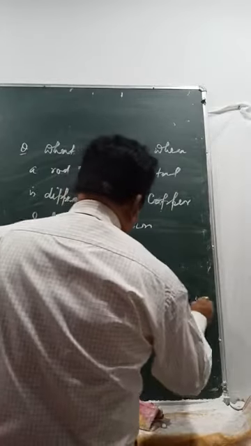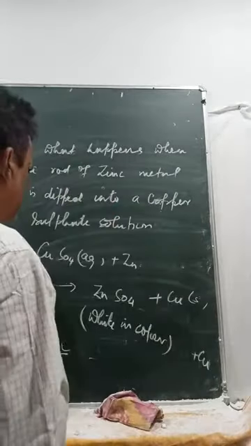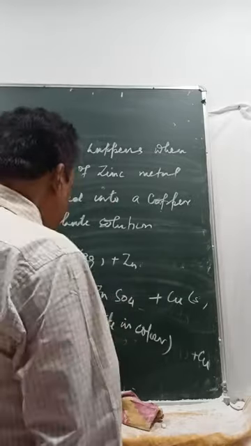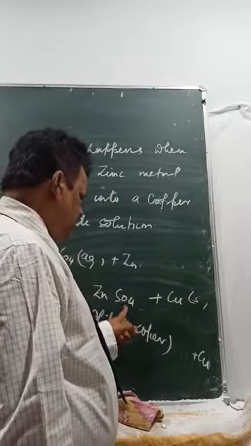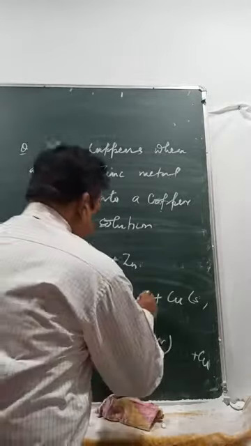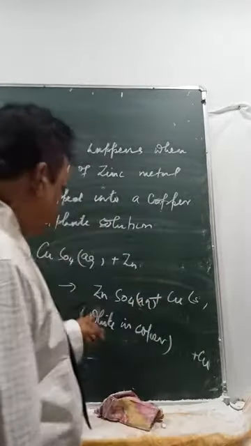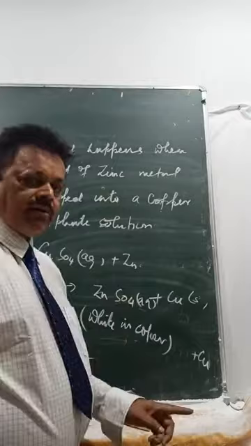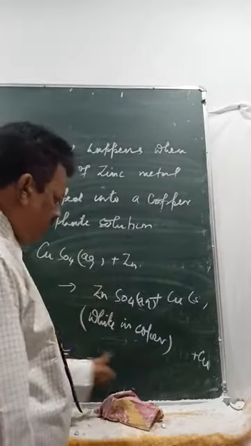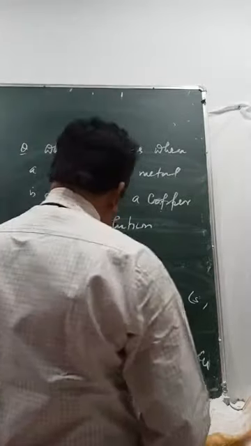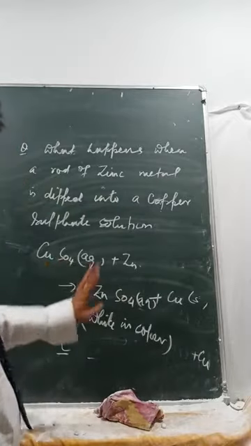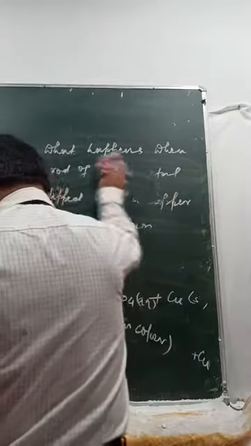You can write your own words: copper sulfate solution reacts with zinc to form zinc sulfate solution, which is aqueous, and copper solid, and the color of zinc sulfate is white. So after looking at this equation, you can write one or two lines, and you can also write zinc is more reactive than copper. Okay.